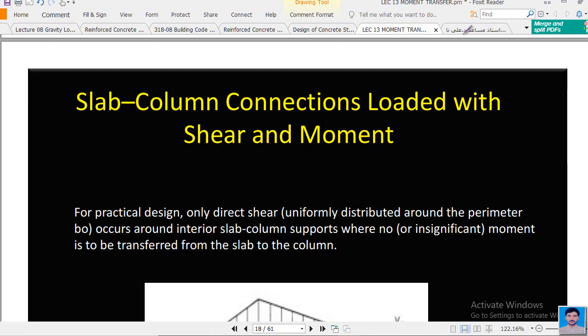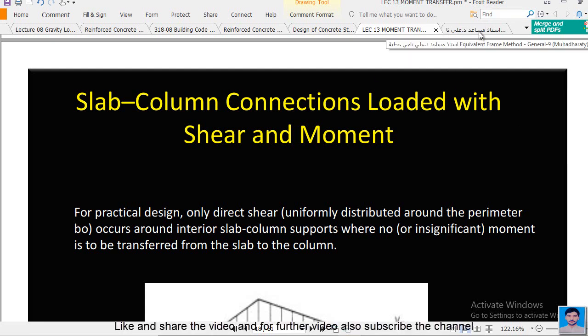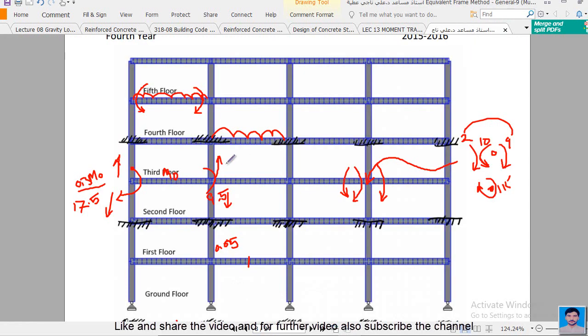Finally, you see how we accumulate those moments, how we deal with these unbalanced moments, and how these unbalanced moments cause what you can call eccentric shear. Remember, this is very important.